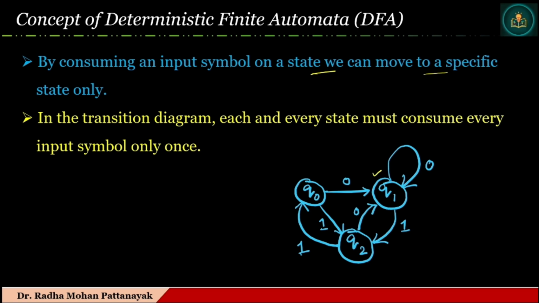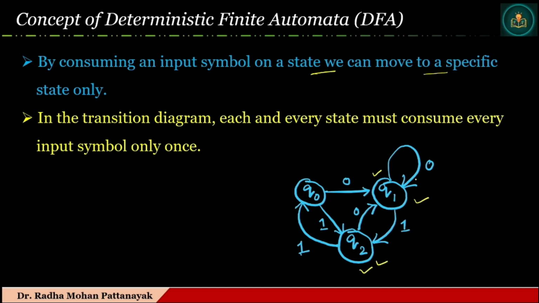Similarly, by considering the input 1 on Q0, it is moving to Q2. Clear? That means by considering the input 0 and 1 on Q0, we can move to specific states, that is Q1 and Q2 respectively. Similarly, you can see Q1 takes 0, it stays on the same state Q1, and Q1 takes 1 to move to Q2.